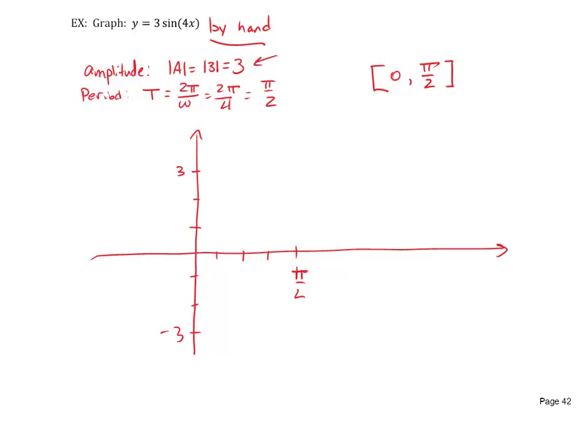Now all you've got to do to figure out what these are is divide this by 4, because you've got 4 subintervals. So pi over 2 divided by 4 is actually pi over 8. So that's pi over 8 right here. This would be 2 pi over 8, which is pi over 4, and this is 3 pi over 8, because that's 3 of these lengths of pi over 8.